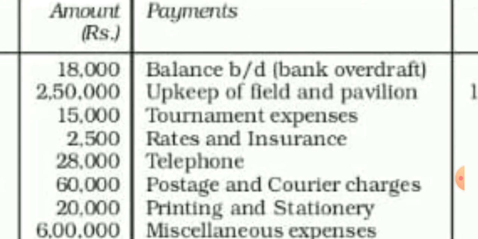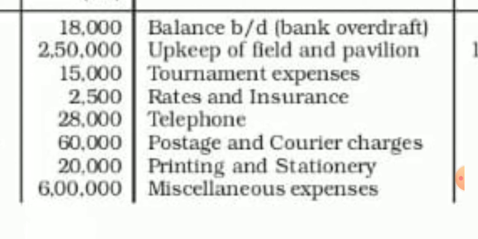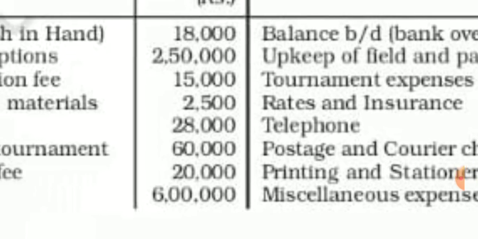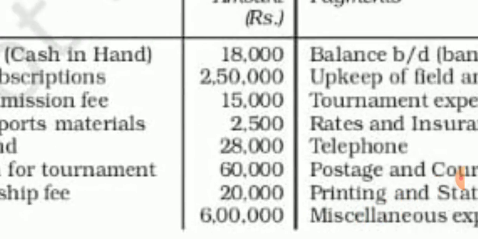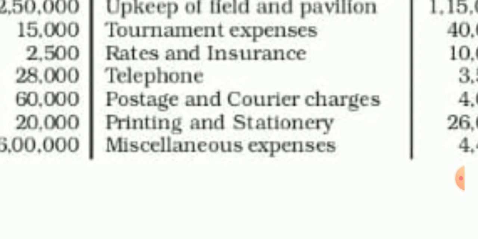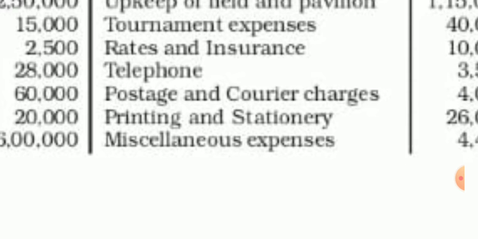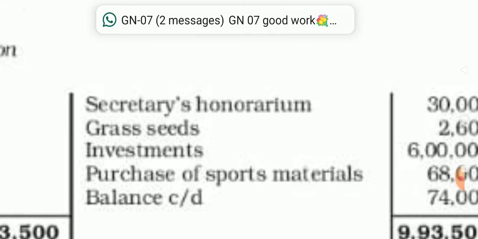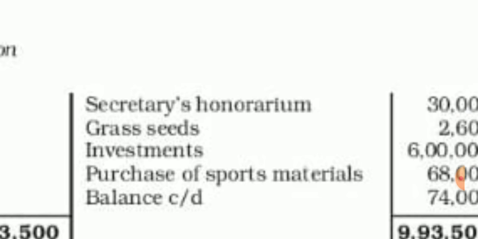We are not taking the balance. Tournament fund is given, so we are not going to take the tournament expense. Then rates and insurance, telephone, postage and courier, printing and stationery, miscellaneous expense, and honorarium, grass seed. Investment is an asset, and purchase of sports material is an asset. These we are taking.